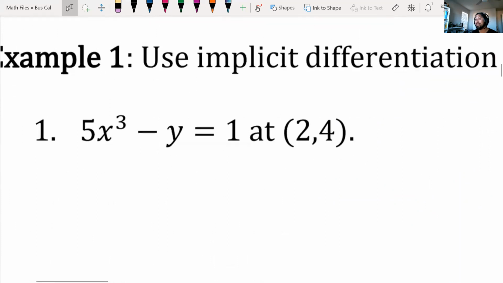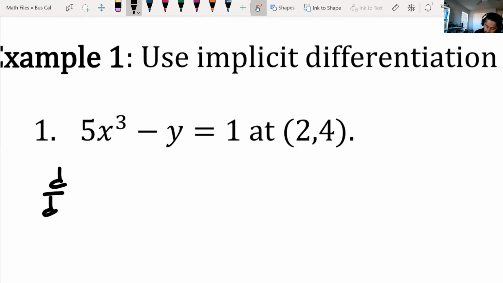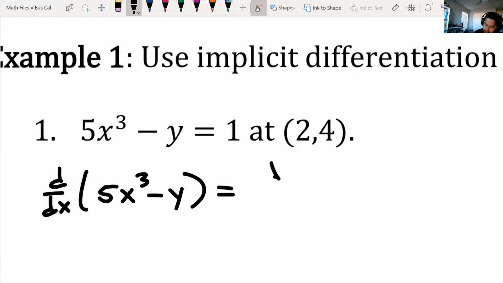We want to take the implicit derivative of 5x cubed minus y equal to 1. After we take the implicit derivative and solve for y prime, we're going to plug in (2, 4). To get this started, we say d over dx of 5x cubed minus y equal to d over dx of 1.